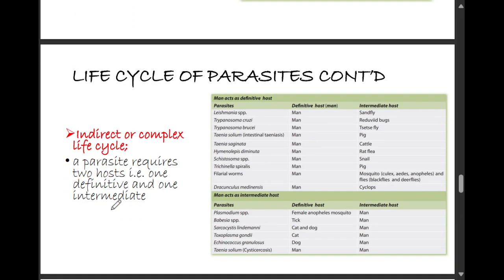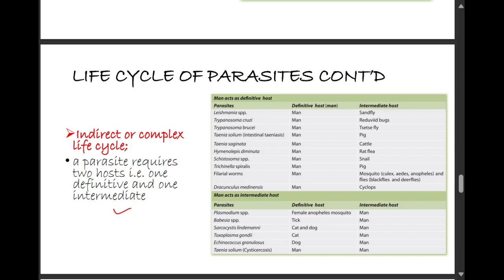Then the second one is the indirect or complex life cycle. This is when a parasite requires two hosts, one definitive host and the second an intermediate host, in order to complete its development.